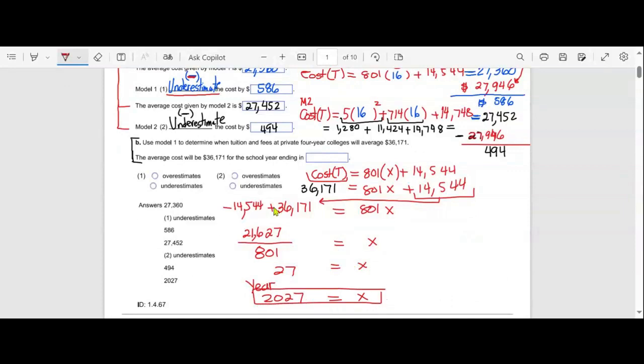So the year will reach 36,000 in what year? 2027. Right. So the fees will be 36,171 in the year 2027.